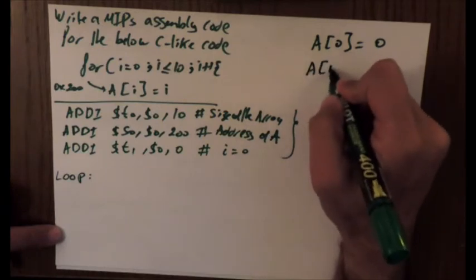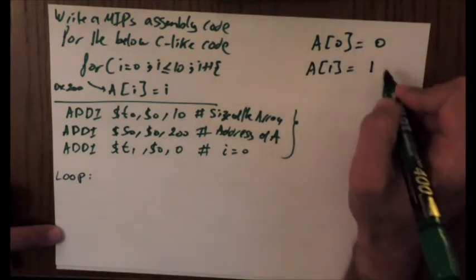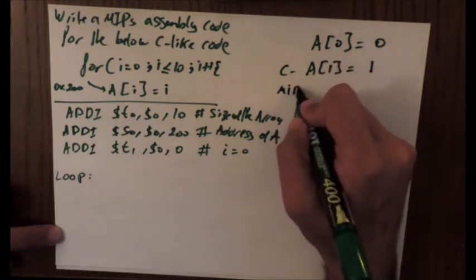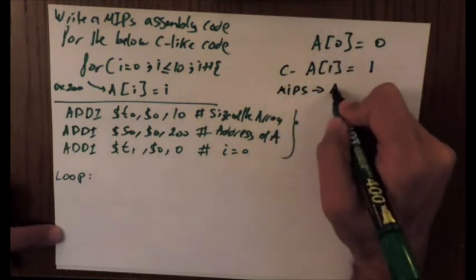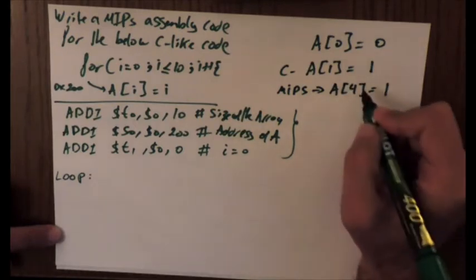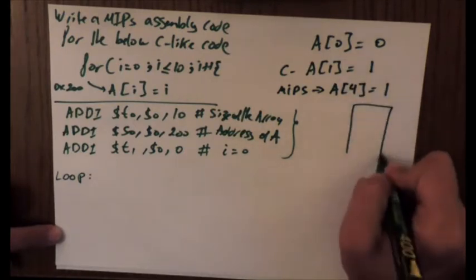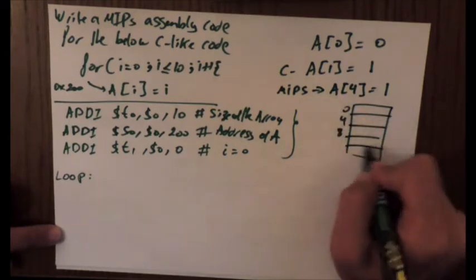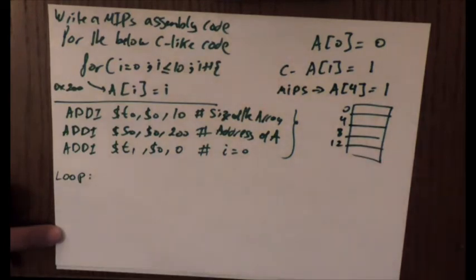A of 1 will be equal to 1. However, this is in C. In MIPS, this will translate to A of 4 equal 1, because as we know that it's byte addressable memory, and the way the index increases is by a multiple of 4.